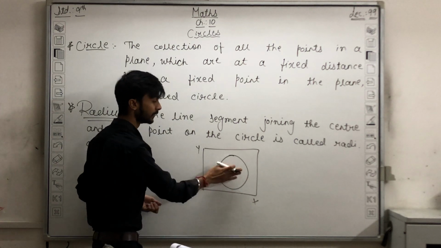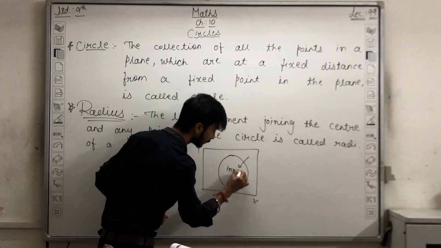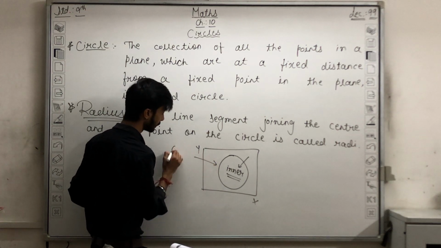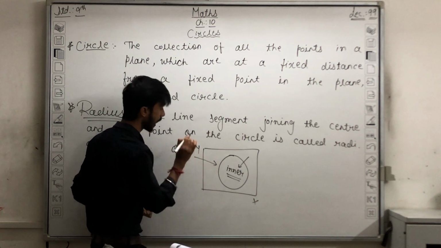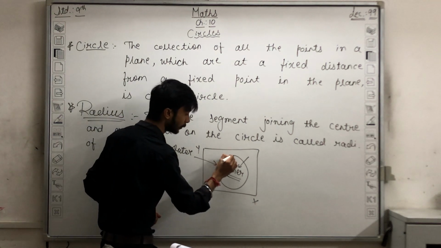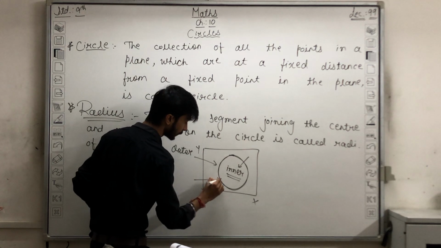So this is the inner part of the circle, this is the outer part of the circle, and this line also is called the circle.